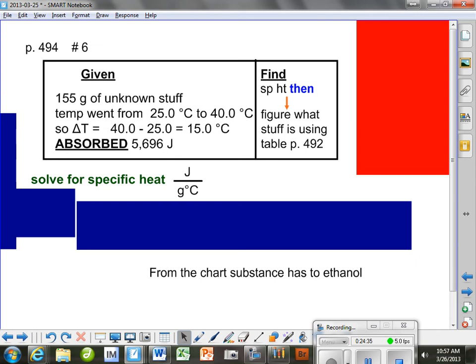So what's going to be on the top of our fraction? Okay, let me give you a little hand here. Right here we have our template.